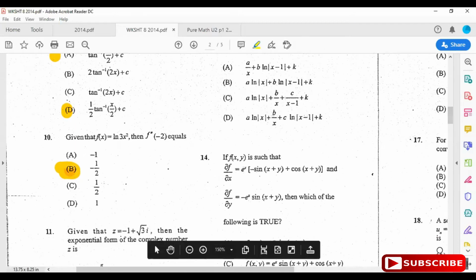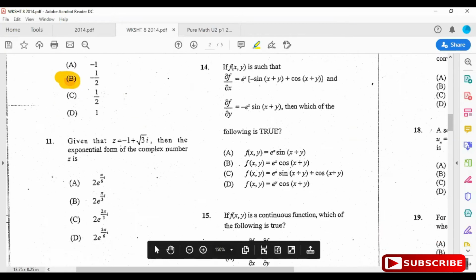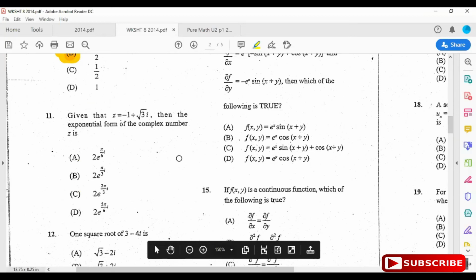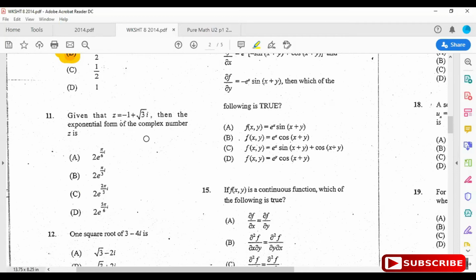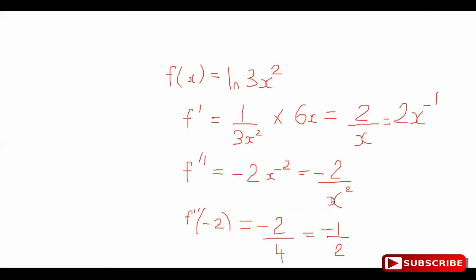Question 11. So we have another complex number question, and it is asking us to write the complex number in exponential form. To go from Cartesian form to exponential form: in Cartesian form, z is equal to a plus bi.